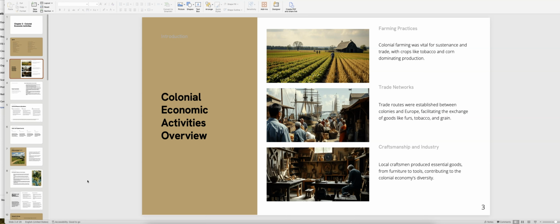Maybe that's what AI tried to think of. They wouldn't have gotten that from the textbook. And so I guess we will disprove that last point: local craftsmanship, building of essential goods, does not contribute to colonial economic diversity, despite what this slide says.